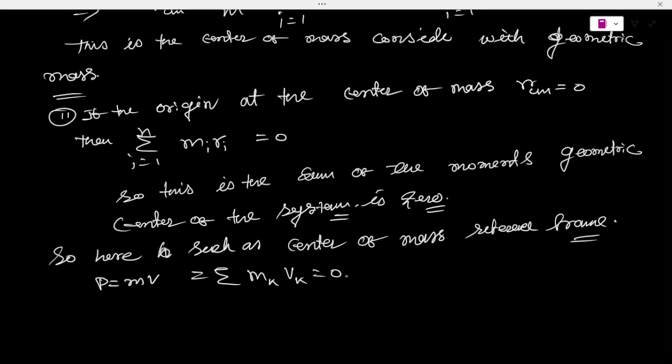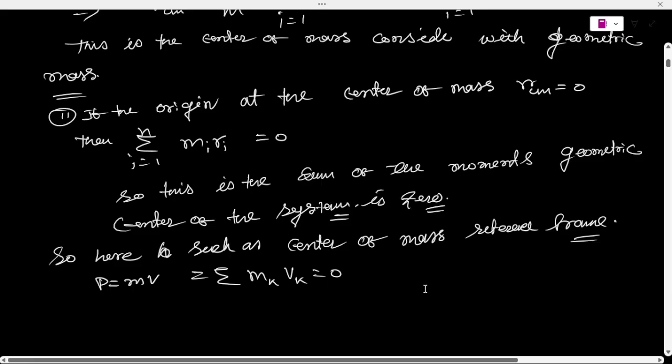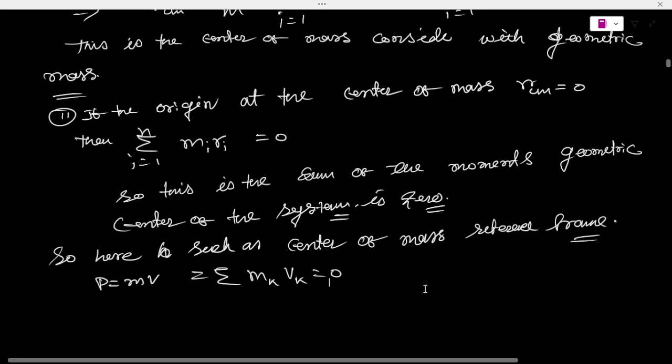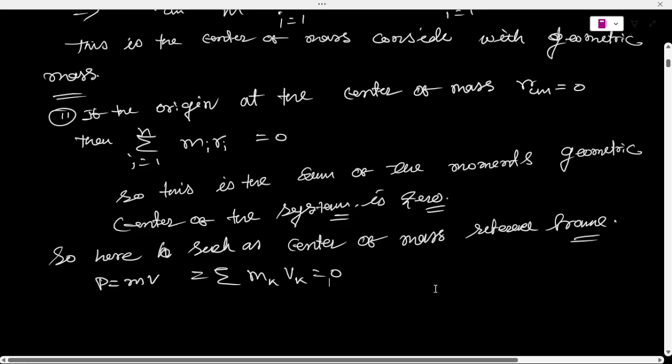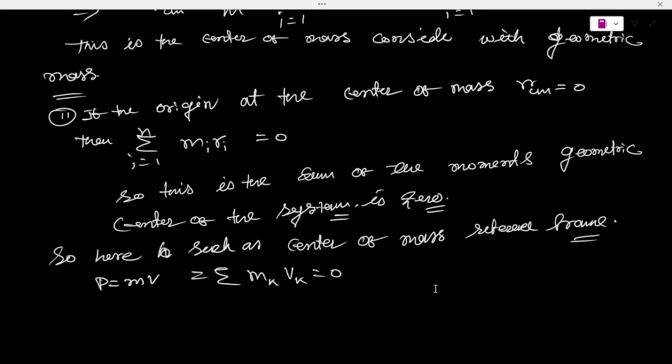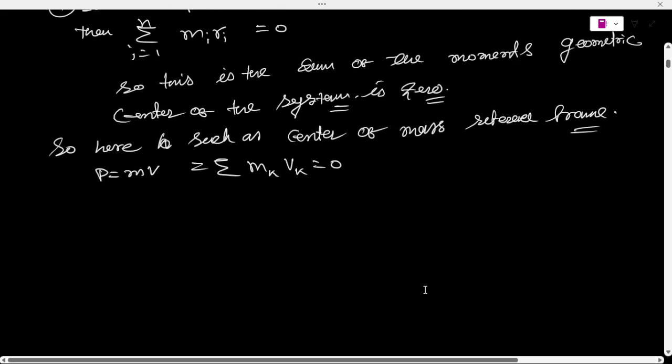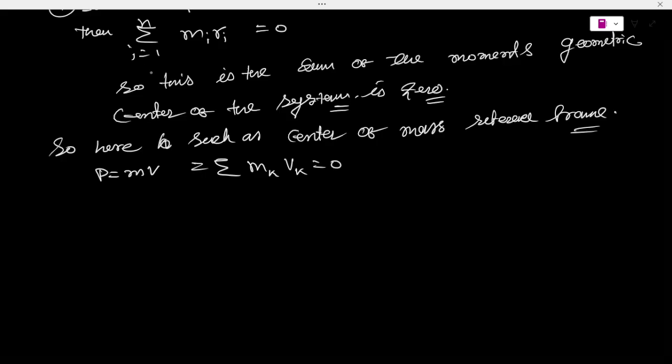Since the external force is zero, the center of mass moves with constant velocity. So the center of mass coincides.